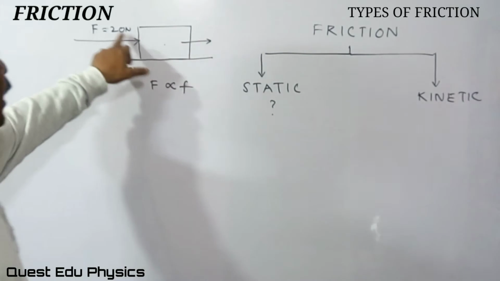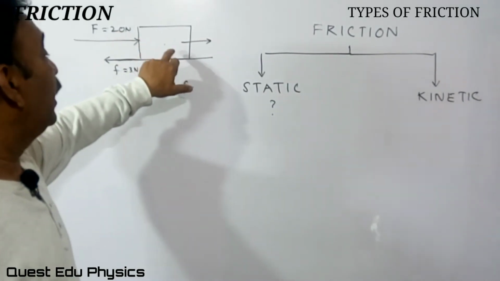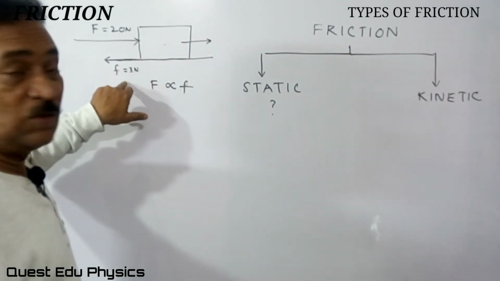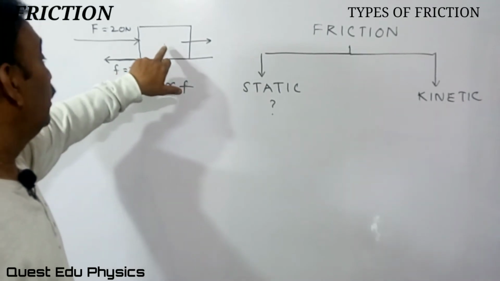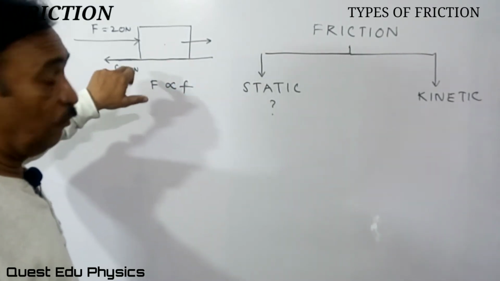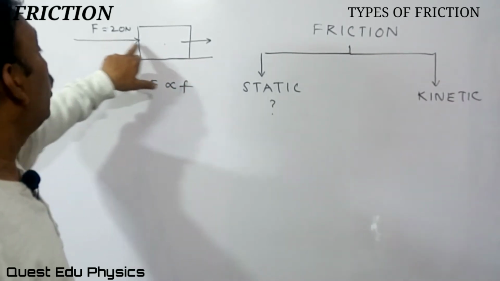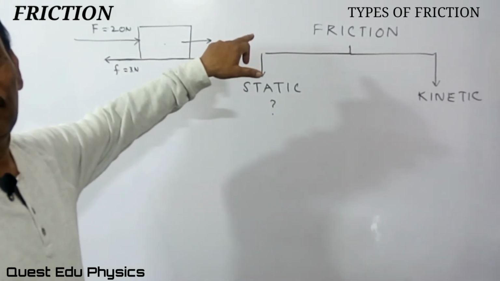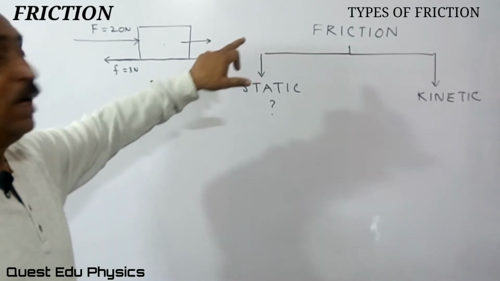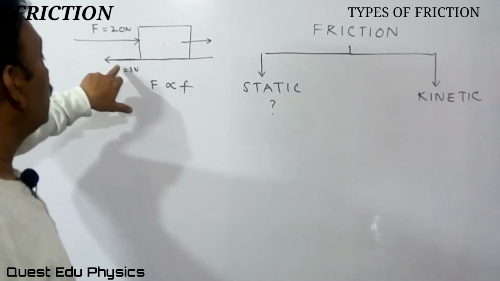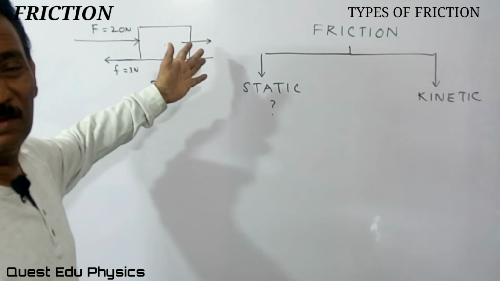That means at a particular force, the frictional force lost its capacity and broke down, then the body moves over. Understanding me, students? At a particular point, it lost the capacity of resistance.